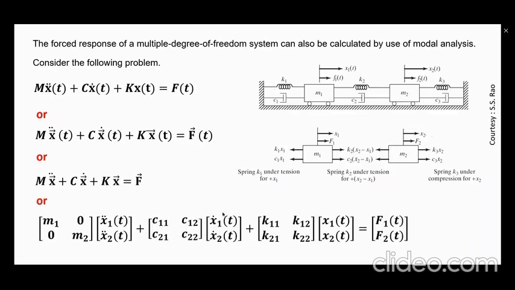Please make sure you can, by yourself, figure out that the mass matrix is obvious, but the stiffness matrix, just make sure you can sit down and work these out.